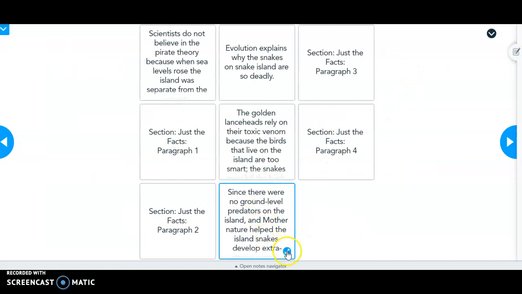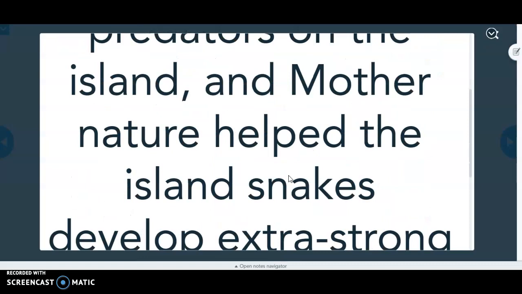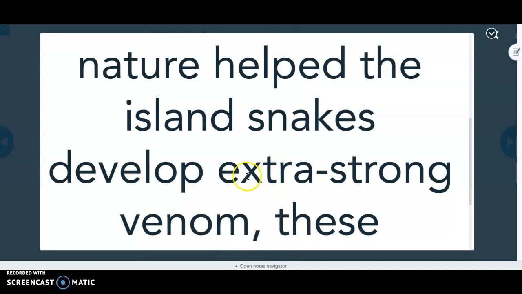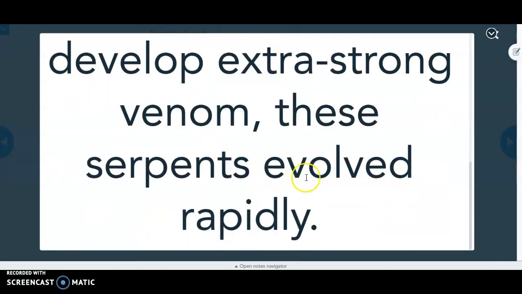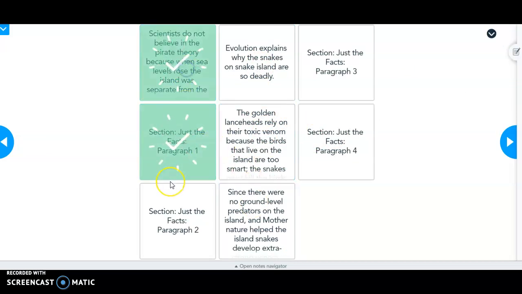And then this statement down here says since there were no ground level predators on the island and Mother Nature helped the snakes develop extra strong venom, these serpents evolved rapidly. So the information in this box and this box were not discussed in paragraph 1. So our match must be here and here. Notice that if it's green, we got it correct, and it shades itself out, so we know that we can't choose those anymore.